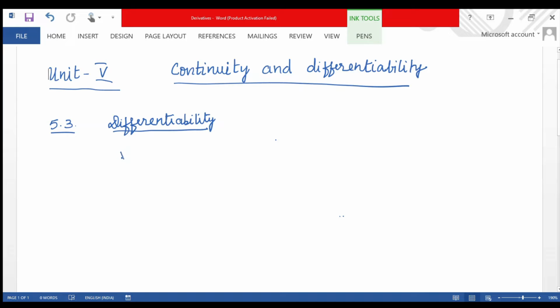In this lecture, we shall recall the definition of derivatives and then the algebra of derivatives, that is the product rule, quotient rule, and we shall learn the chain rule.